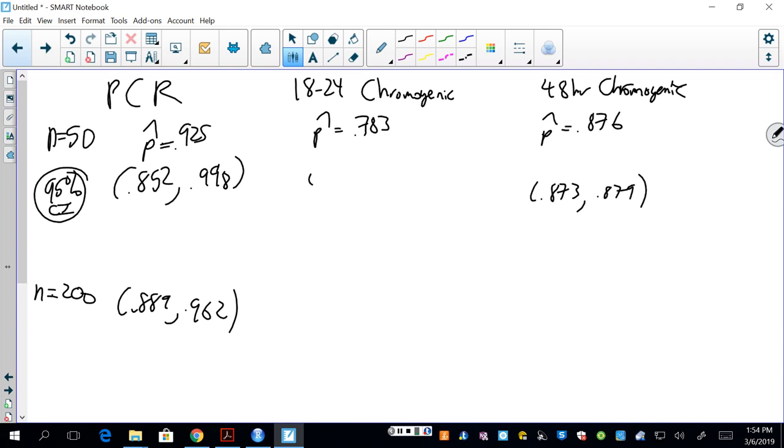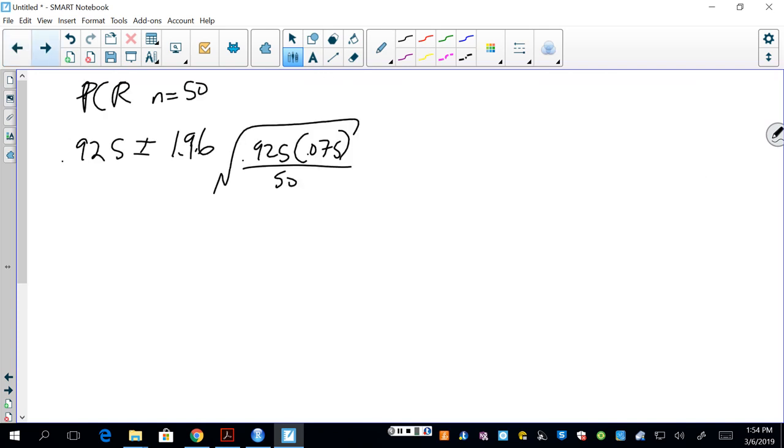You might want to see, maybe there's a square root or something. So, what did you get? I got 0.7846 to 0.9674. So let's look at what went into that formula. What did you write for the formula?